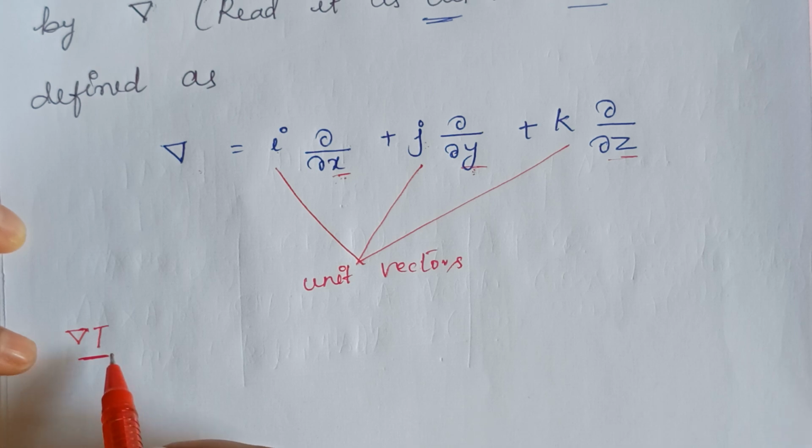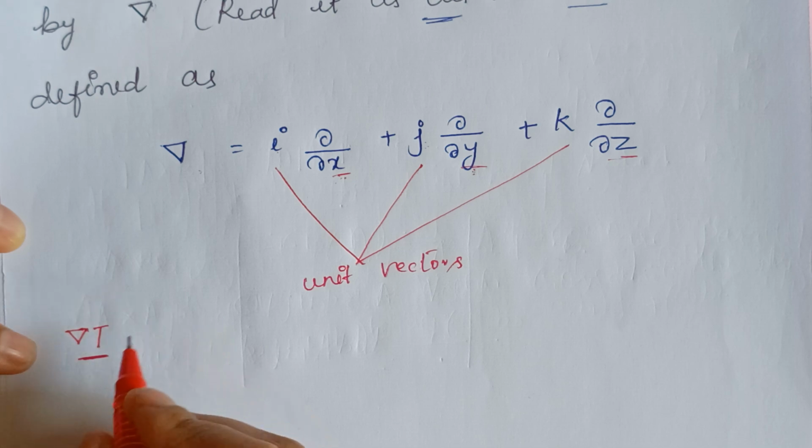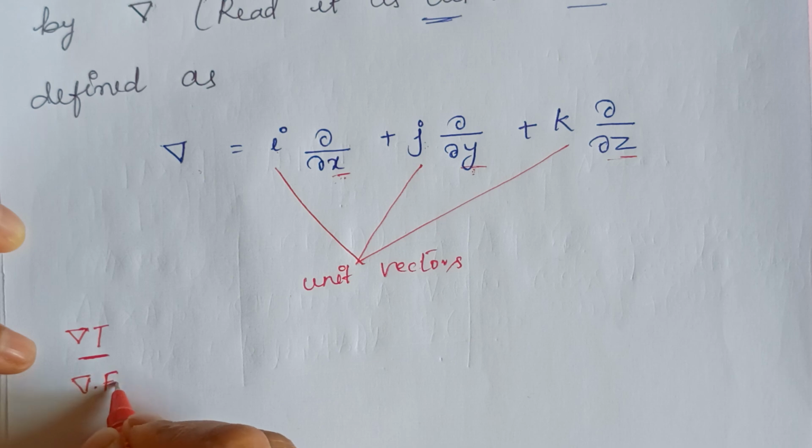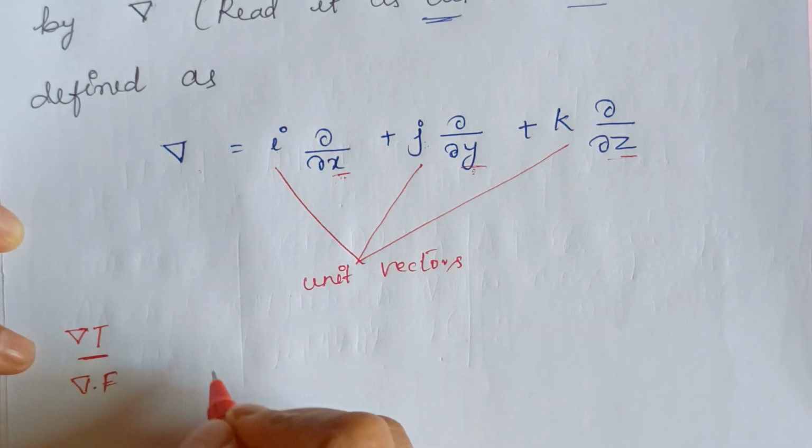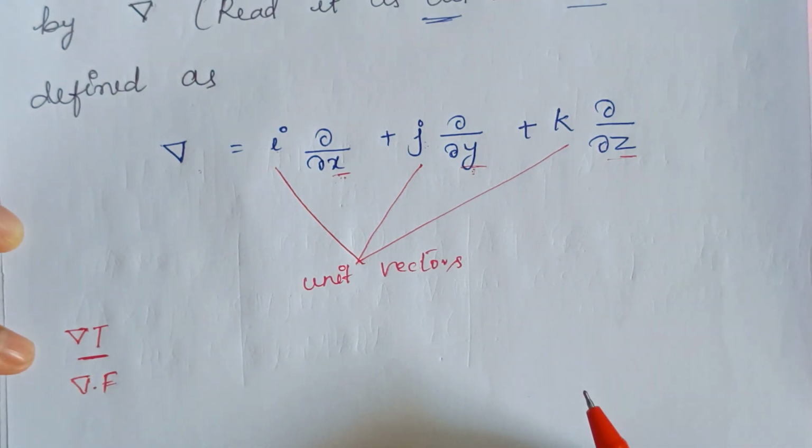And when it comes to the divergence of a vector, consider a fluid flow. That is del dot F. This tells us how much fluid is expanding or compressing at a point.